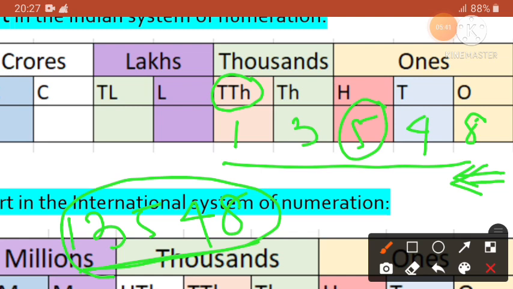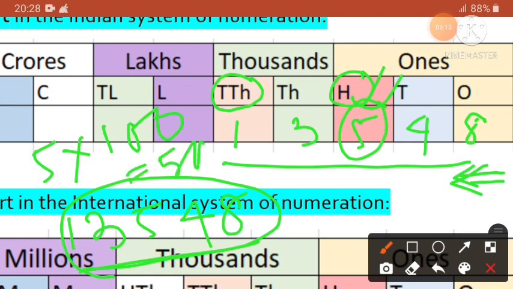What is the face value of this digit 5? Face value is the value of the digit by itself, that means 5. So 5 into place of the digit. The place of the digit is 100, so it will be 5 into 100.